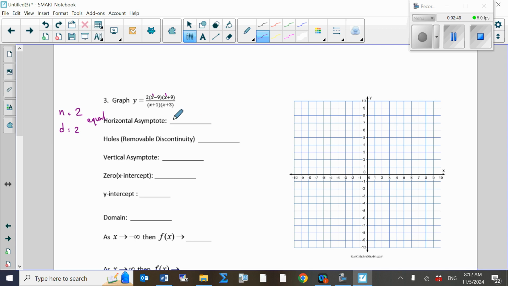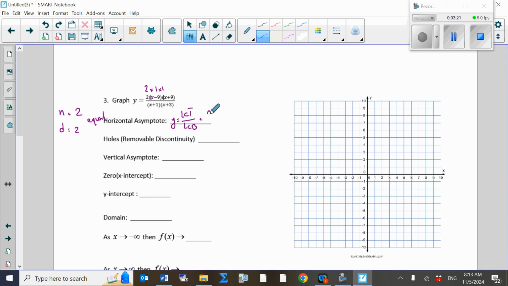If they are equal, the horizontal asymptote is the leading coefficient of the top over the leading coefficient of the bottom. What is the leading coefficient here? To find a leading coefficient, if your function is in factored form, you need to find the leading coefficient of each factor, which for this one is 1, for this one is 1, and there's another 2 here outside of these two factors, so you multiply them. 2 times 1 times 1.